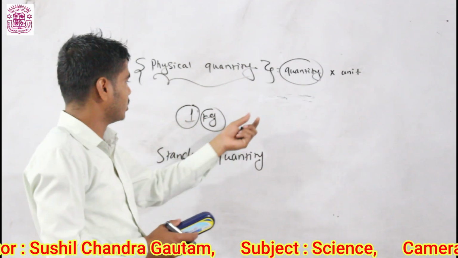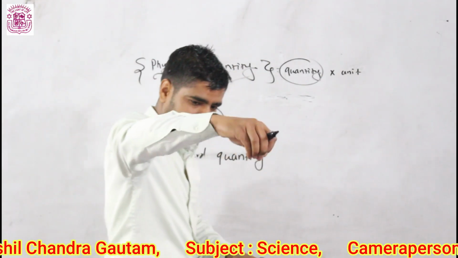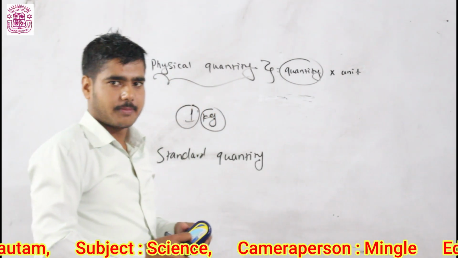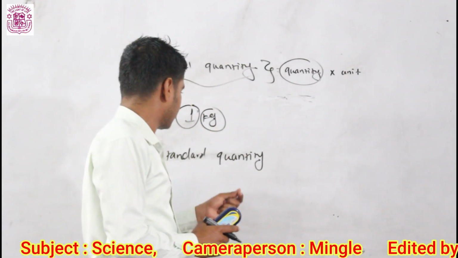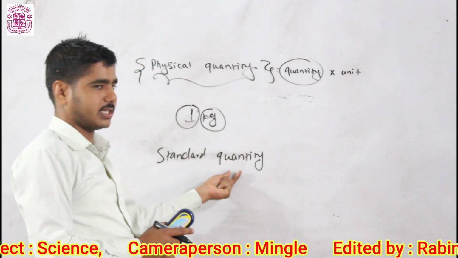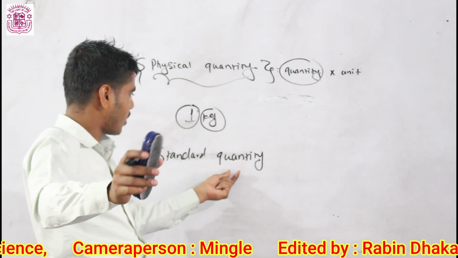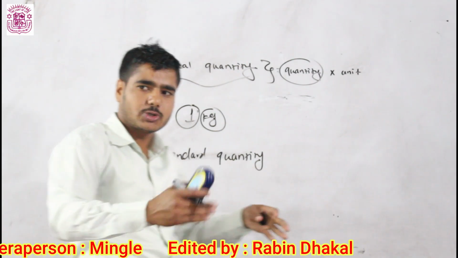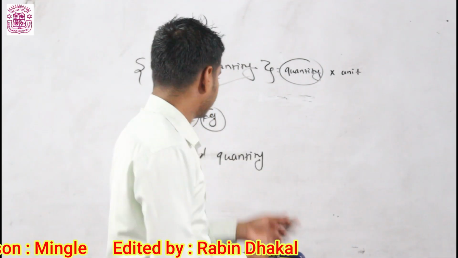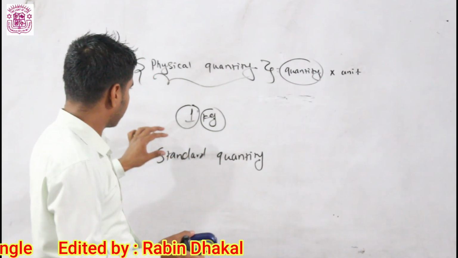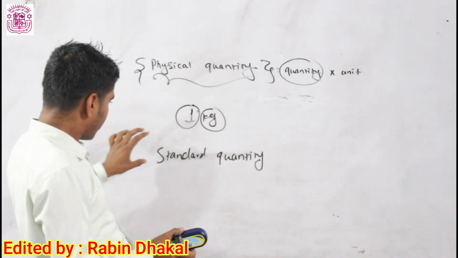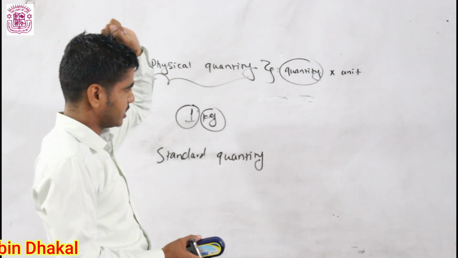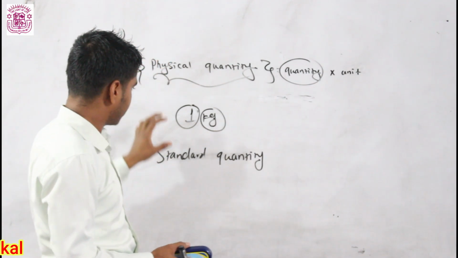What will the shopkeeper do? The shopkeeper will put the 1 kg weight on one side and put some apples on the other side. That 1 kg weight which is used is called the standard quantity. The reference standard you take to measure the substance is called the standard quantity. And you compare the unknown substance, the apple, with that standard quantity. That is called measurement.